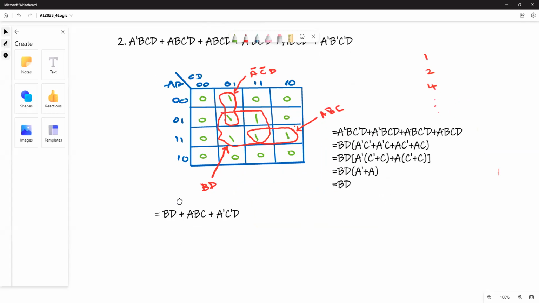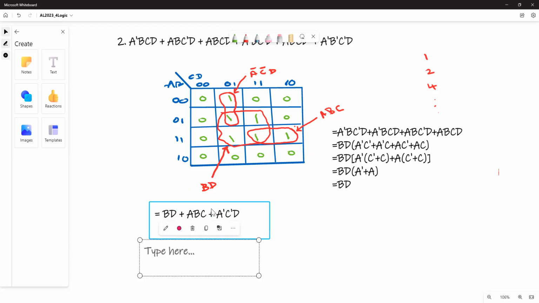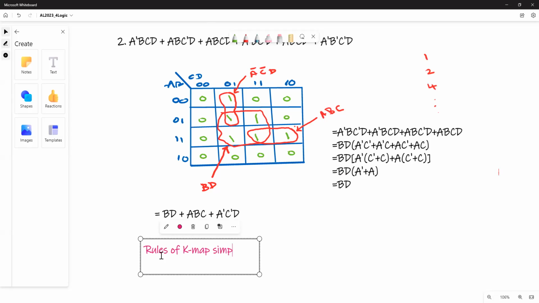Right. Now let's write down some rules that you need to remember when you are simplifying. So let's write down the rules of Karnaugh Map simplification, and here are the rules.